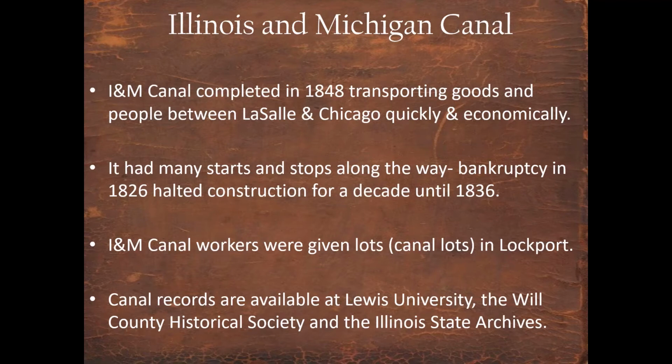People are moving along the canal, moving goods along the canal, both south to Ottawa to trade and to sell, as well as north to Chicago to sell and trade as well. So it's an important detail to remember that looking at Illinois settlement patterns, Chicago was just a barely fledgling city in the 1830s and early 1840s, that Ottawa was actually really the powerhouse in all of this, and even Joliet to an extent, and Lockport.